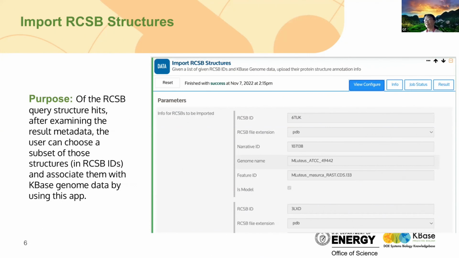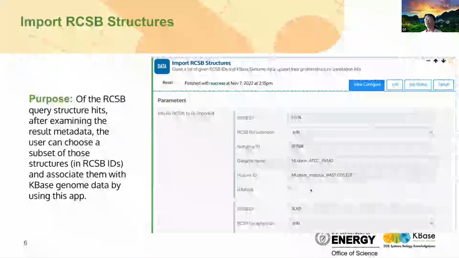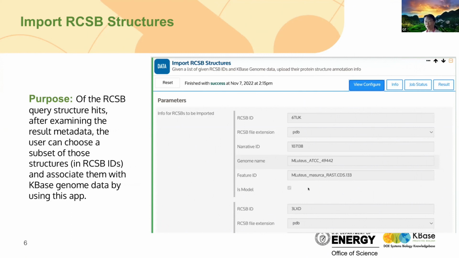Now I can find the PDB hits of my interest, which the search criteria gave to me. And I also have my own genome data inside the KBase narrative. I know the narrative ID, genome names, and the feature IDs, so I can use this app to upload them into the protein structures object, which will hold annotation metadata from the structure itself provided by RCSB, and also from our own KBase genome data together.